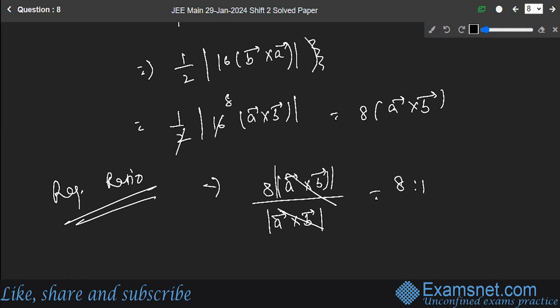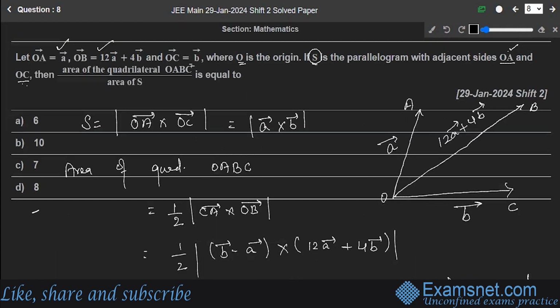So this is equal to 8:1. So 8:1 is the required ratio.